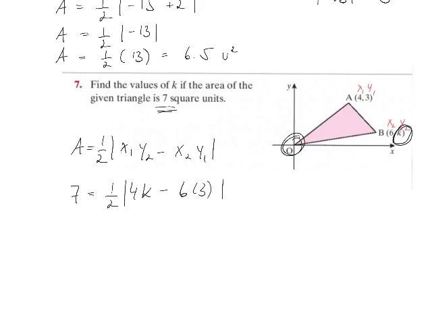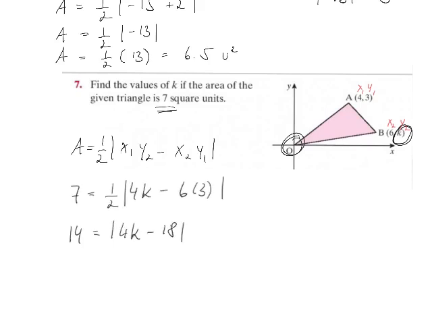And it's the modulus of that. Okay, so we simplify a bit. First of all, we multiply by 2 to get rid of the 1/2. That gives us 14 equals the modulus of 4k minus 18.